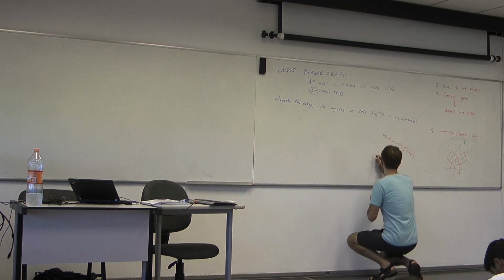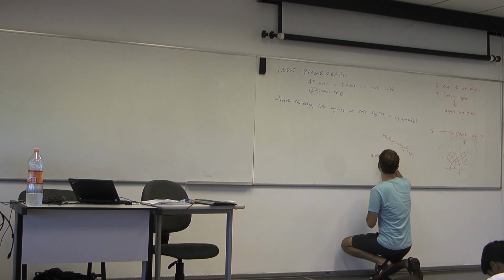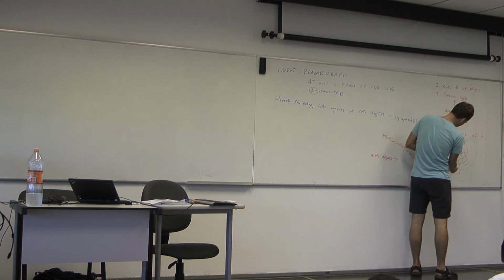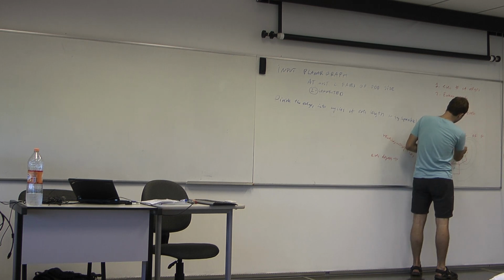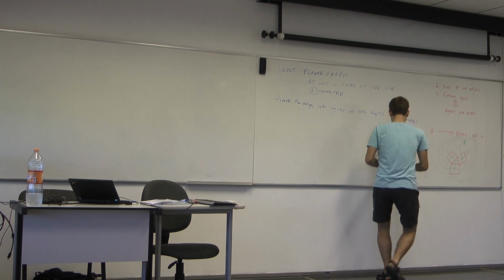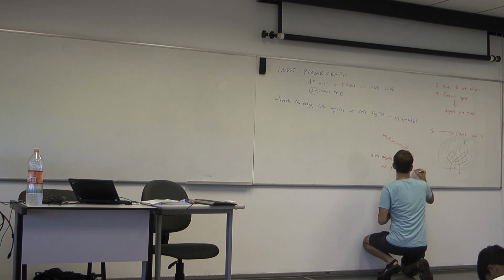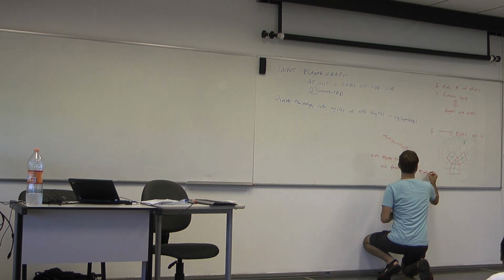So even degrees mean that in the dual graph, every face will have an even number of sides. All faces have even number of sides.